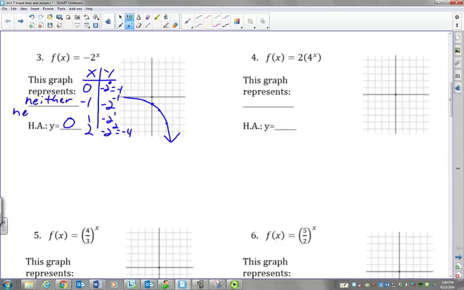So neither, or you can put negative growth would be the correct answer there for number 3. So there's our asymptote at y equals 0. There's our 0, negative 1, which is our intercept. There's our graph, and it's neither, negative growth.